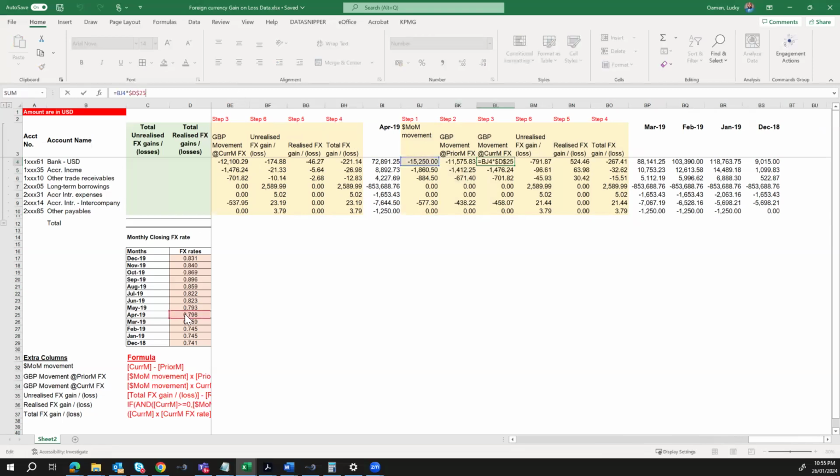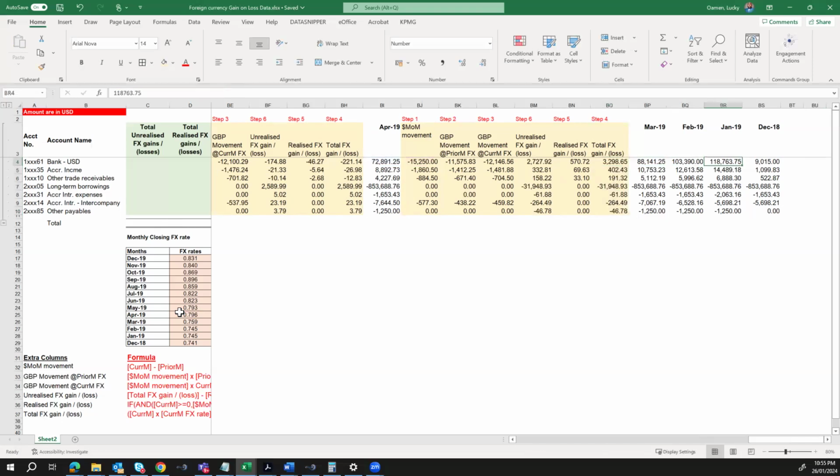Drag the rates to April month, drag down, and the step 4 rates also need to be adjusted between March and April. So April rate becomes March, and the May rate comes down to April. I'll drag down.